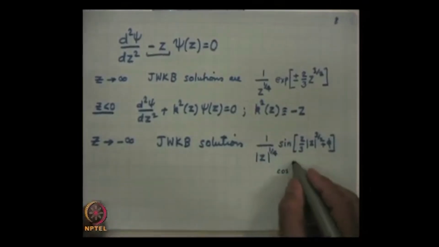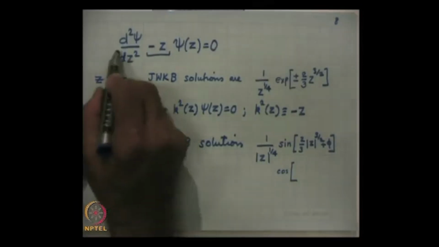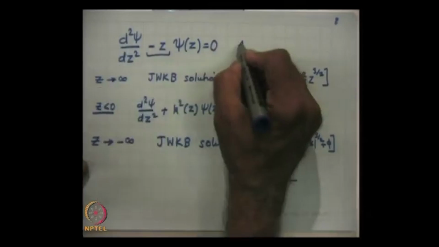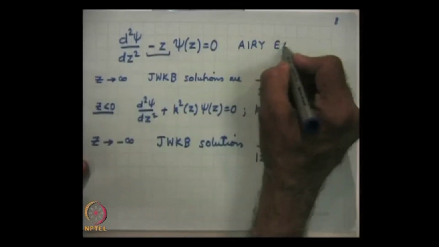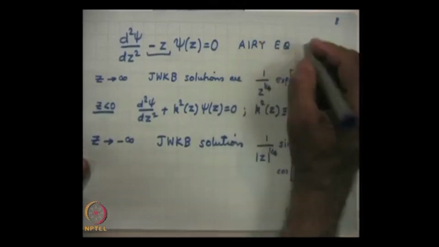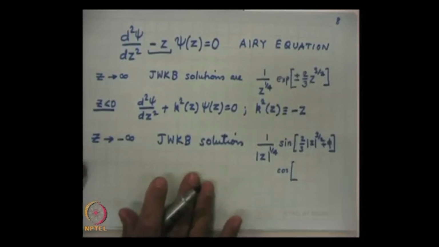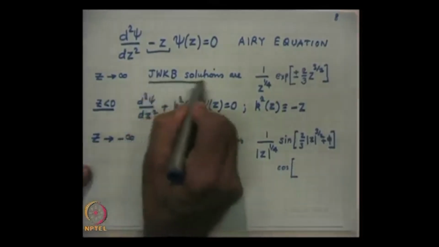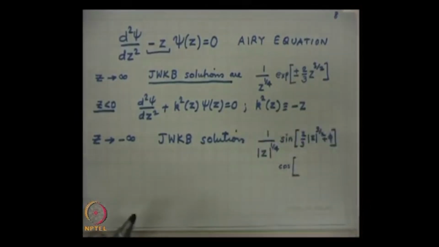And similarly you can have the cosine solutions. As I mentioned, this is the Airy equation, and for these Airy equations the Wkb solutions are exponential, this and that.